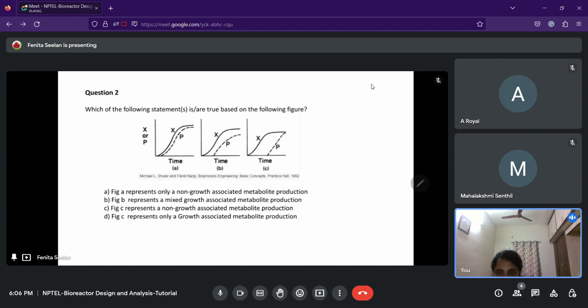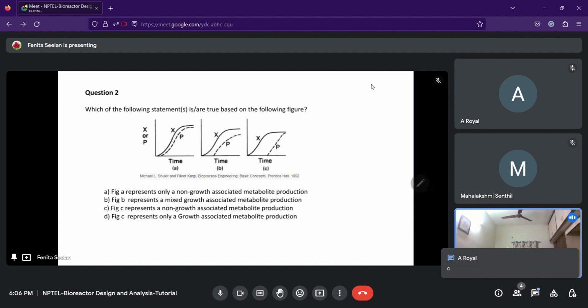Which would be the correct statement or statements given here? Any idea? There may be one or two answers for this.